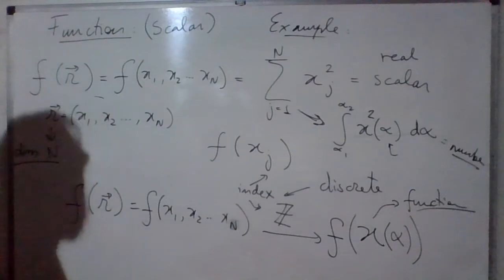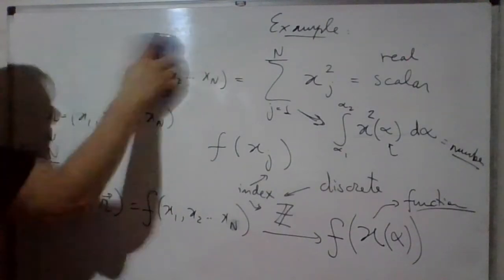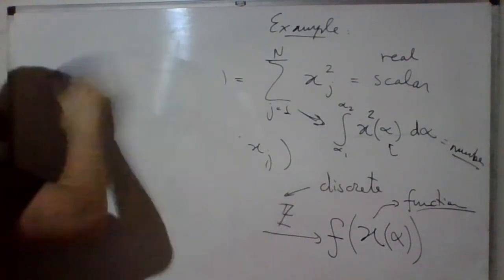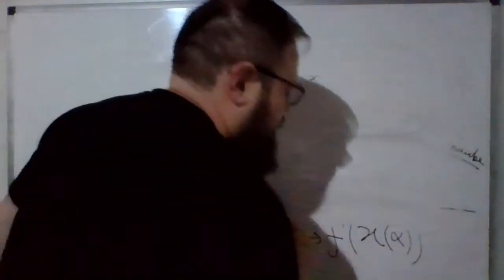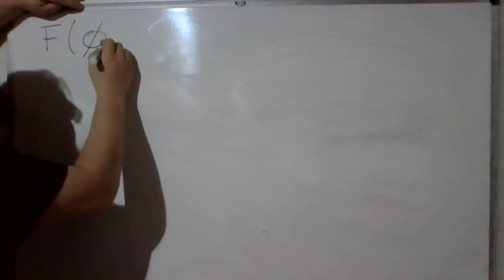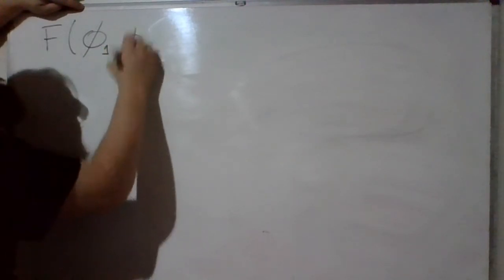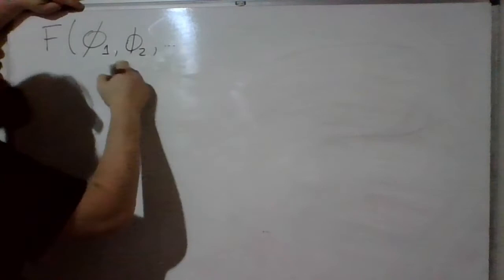I don't know if it is clear, but I could think about a functional this way, intuitively. So you have a function of a given set of numbers, let me use phi here, indexed by discrete labels, discrete indices.